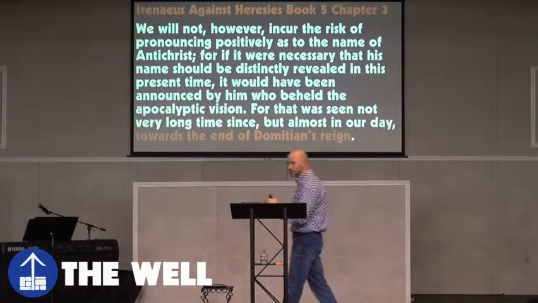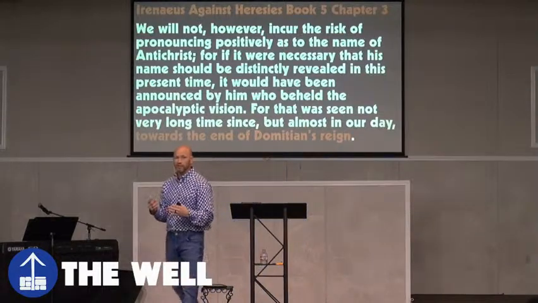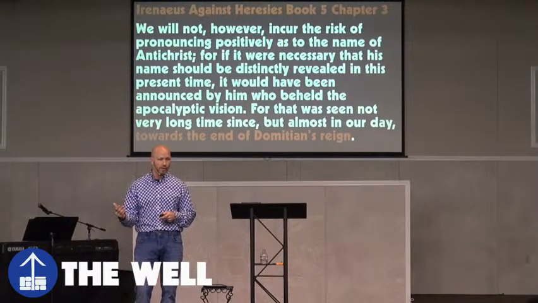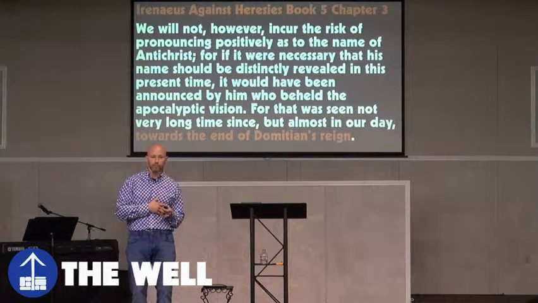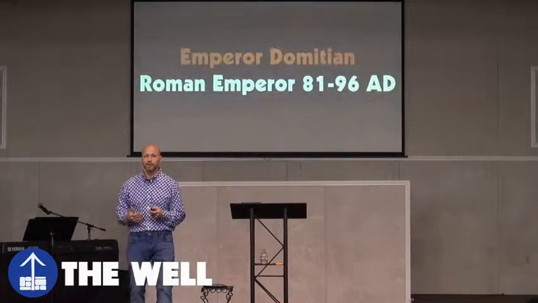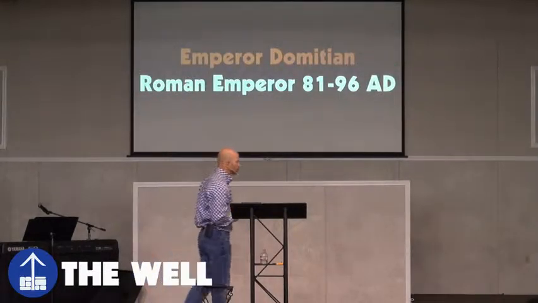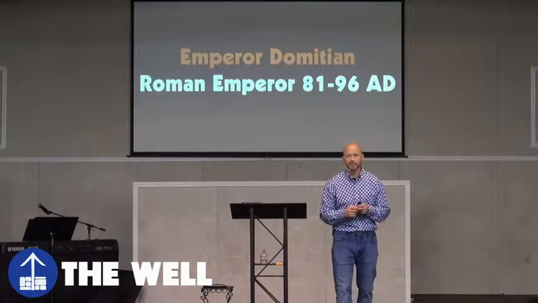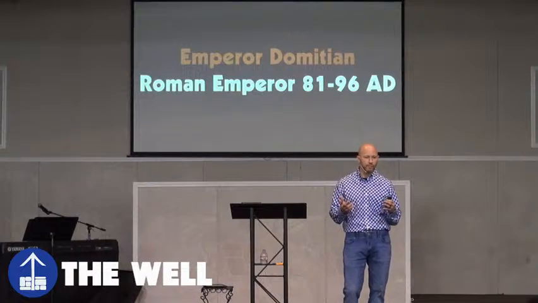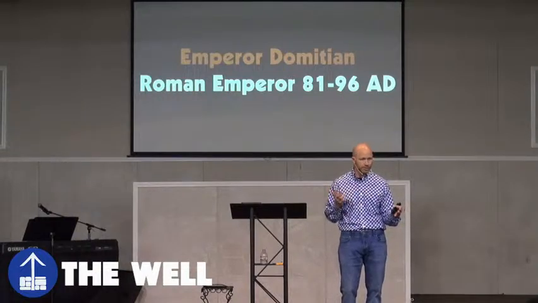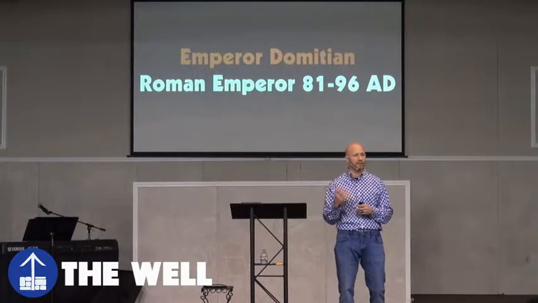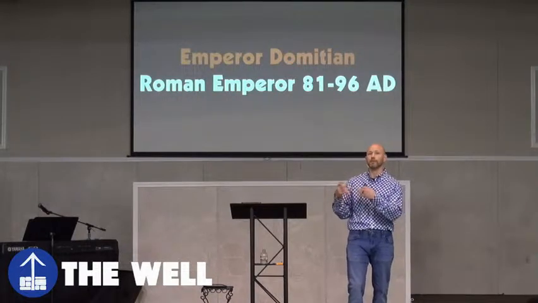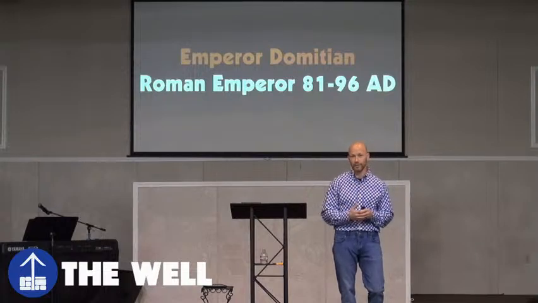And he dates when this revelation was given, and he specifically says towards the end of Domitian's reign, which is why for most of church history, it is known that the Emperor Domitian reigned from 81 to 96 AD, and so it's been universally taught until recent years that it was written in the mid to late 90s, towards the end of the reign of the Emperor Domitian, just like Irenaeus said.